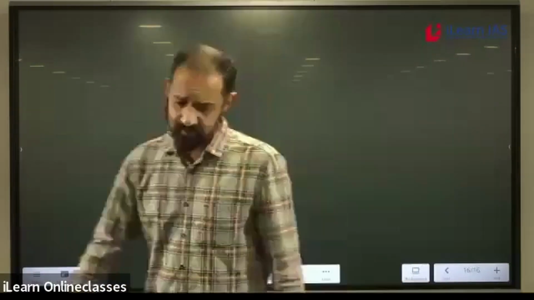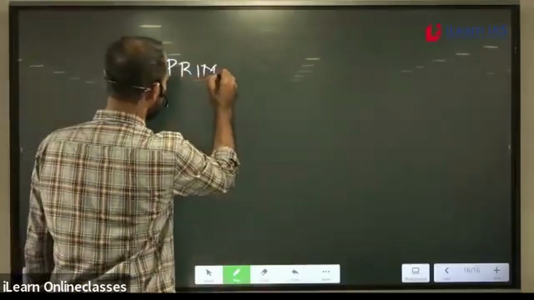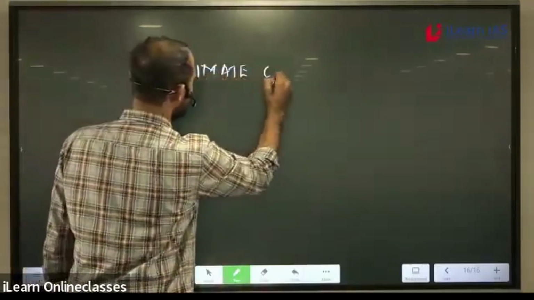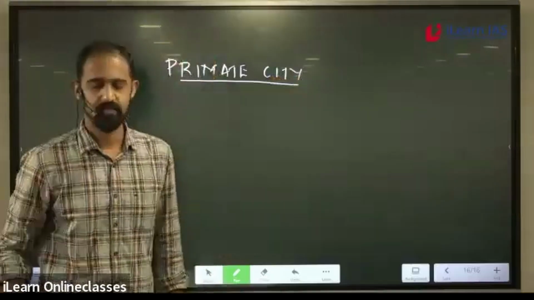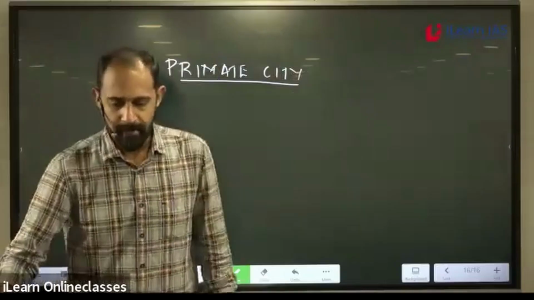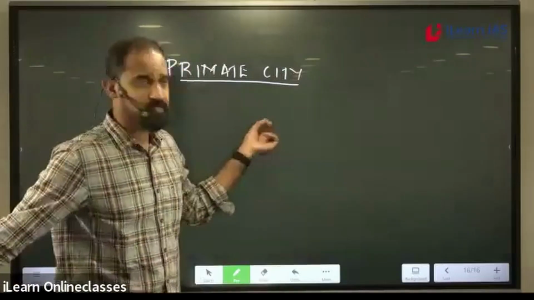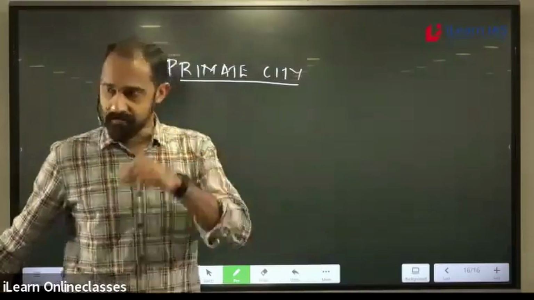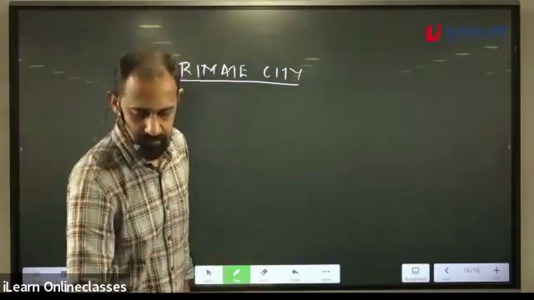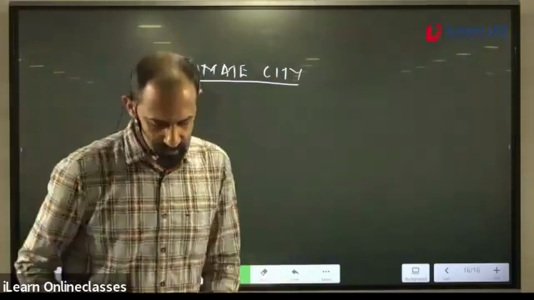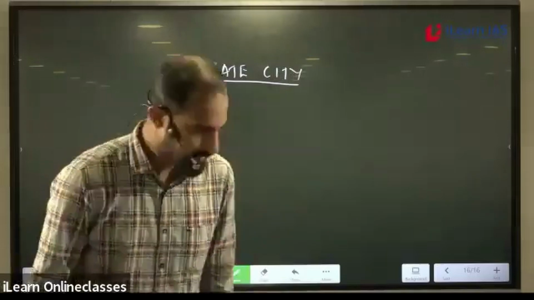Okay, now the next concept is actually something which we already saw, primate city concept. Primate city. So this is the concept of the most dominant city in an urban hierarchy. Now, as a single concept, this was given before SIF by a person called Mark Jefferson in 1939.